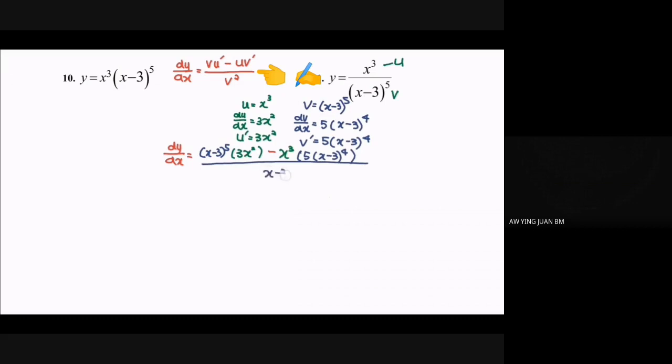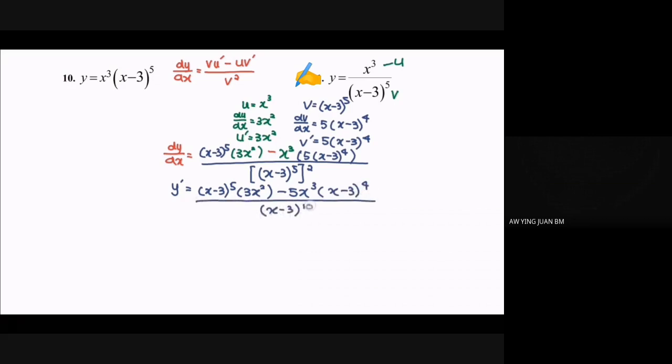So (x minus 3) to the power of 5, here we still have square. So simplify the situation, y prime will be equals to (x minus 3) power 5 (3x squared) minus 5x cubed (x minus 3) to the power of 4 over (x minus 3) to the power of 10.